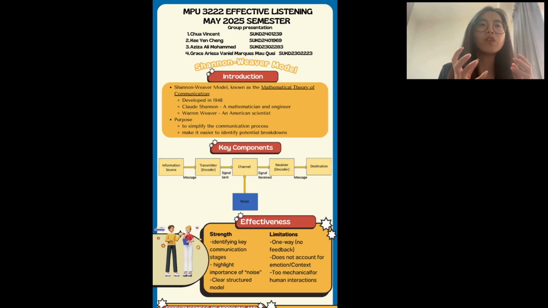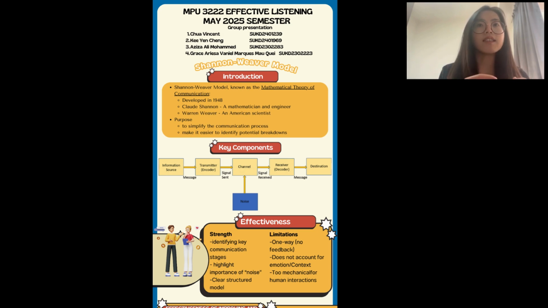This was revolutionary at the time and remained a critical concept. It emphasizes how interference can affect communication. And then the next is the importance of encoding and decoding. It highlights the need for proper encoding by the sender and effective decoding by the receiver.